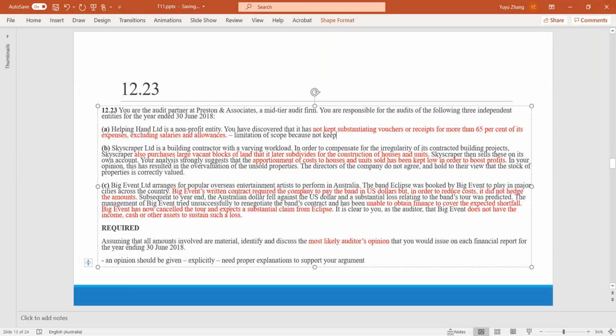Not keeping important accounting vouchers and records regarding expenses. But there are two types of modified opinions under the category of limitation of scope. One is qualified, the other one is disclaimer. What's the difference between those two?